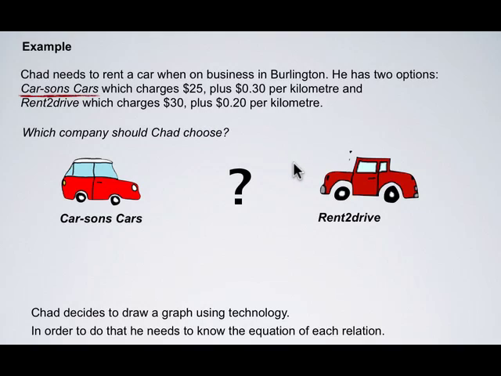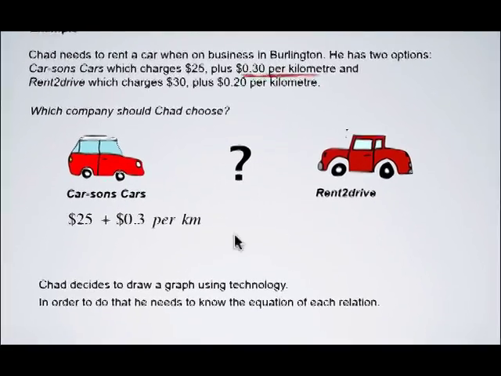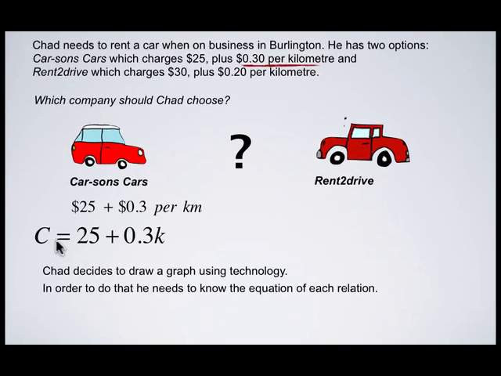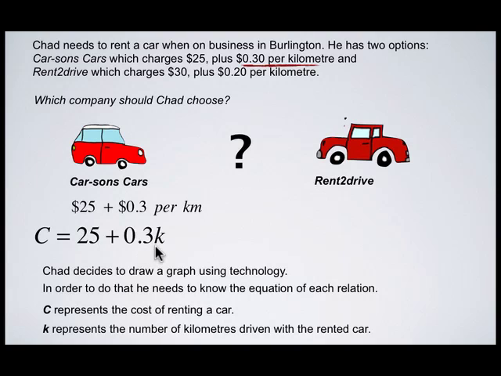Carson's Cars, remember, charges $25 plus 30 cents per kilometer, and our equation then is C equals 25 plus 0.3K. Here, C represents the cost of renting the car, and K represents the number of kilometers you drive the car.